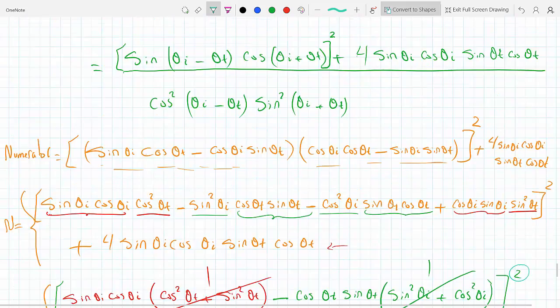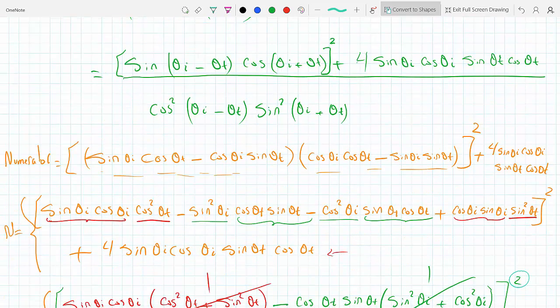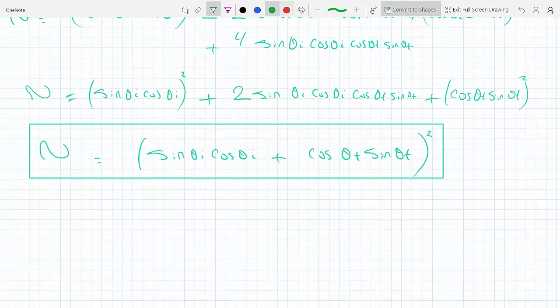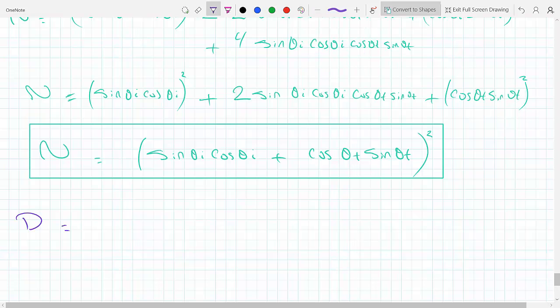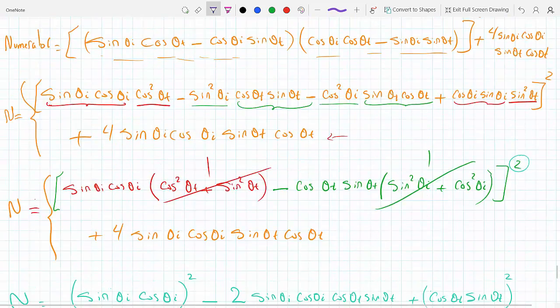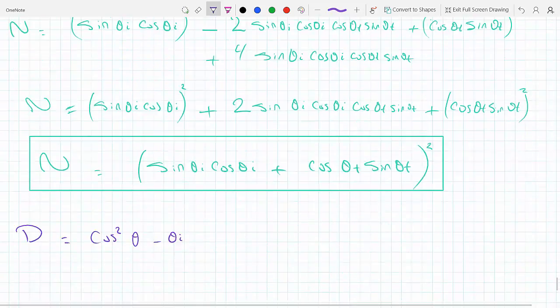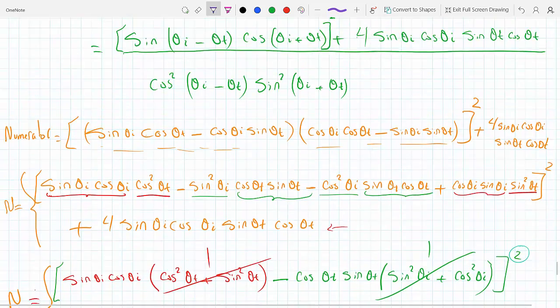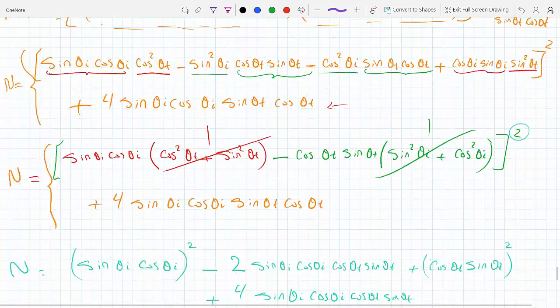Okay, let's see what the denominator has. Cosine squared, sine squared. Okay, so the denominator is cosine squared of theta I minus theta t times sine squared of theta I plus theta t.